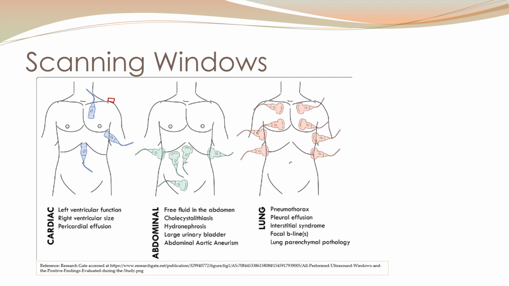So here, and this is by no means complete, but here are some of our common windows for abdominal imaging. You might be able to get your pancreas, your aorta, your IVC all in this region. For the liver, you're going to be working your way around that inferior rib margin, maybe a little bit of intercostal scanning, maybe a little bit above the hip to see the kidney.